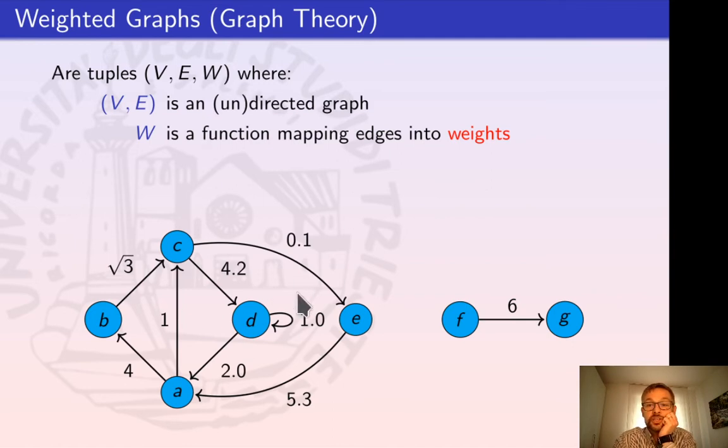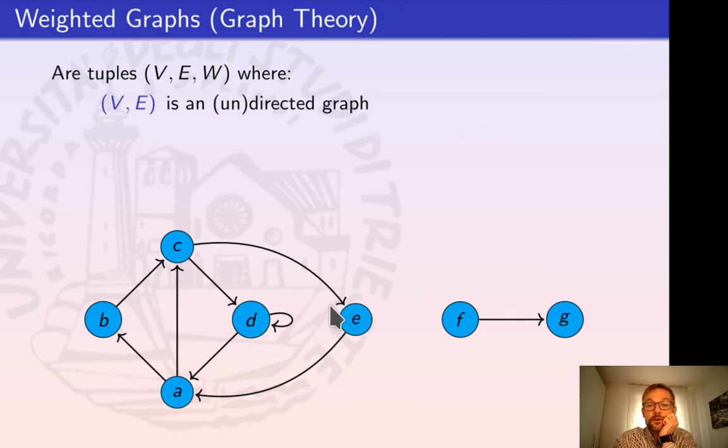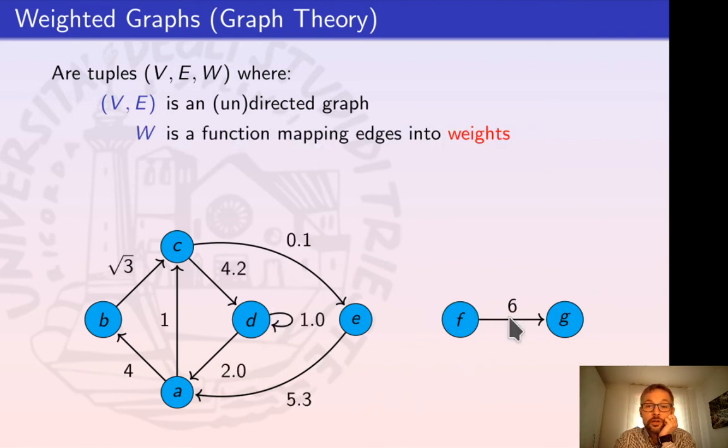So it's a labeling function, basically. As you see here, we moved from the standard graph situation. This is a graph as we are used to, in this case, in which every edge is labeled by using a number.